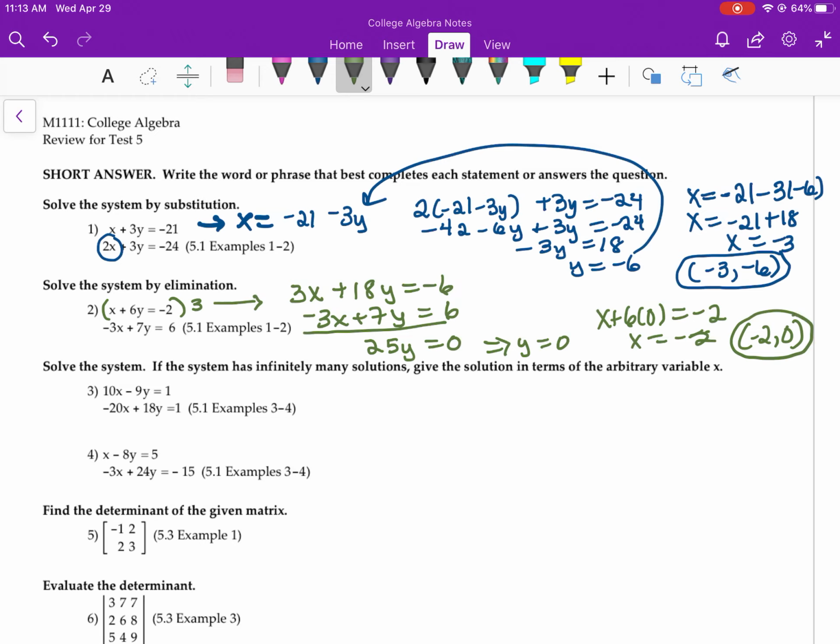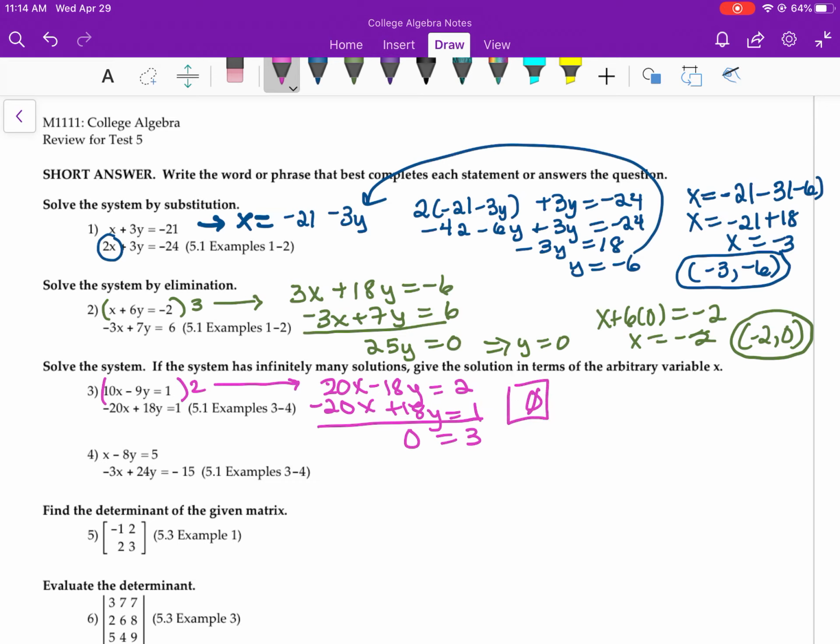Okay, on number 3, I'm going to do elimination again. I'm going to try to eliminate my x's, so I'm going to double my first equation. And 0 equals 3. That's not true, so that's no solution.